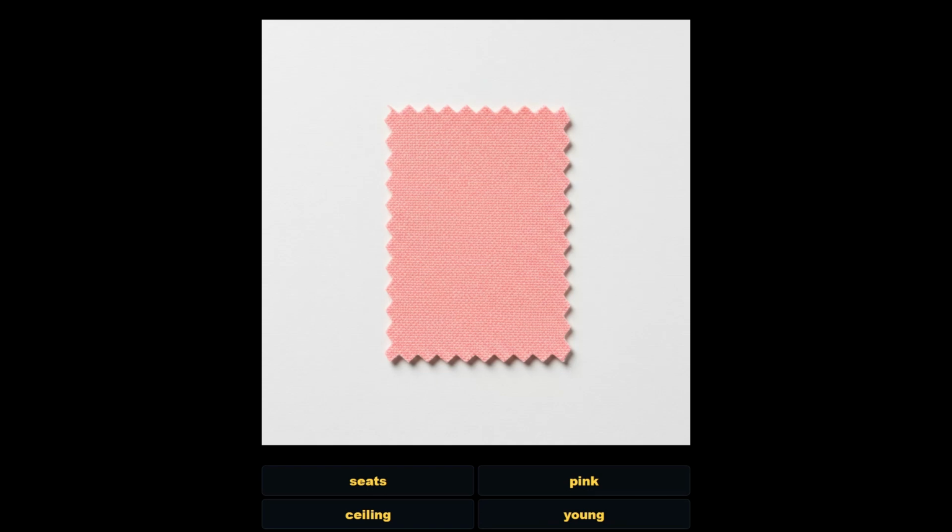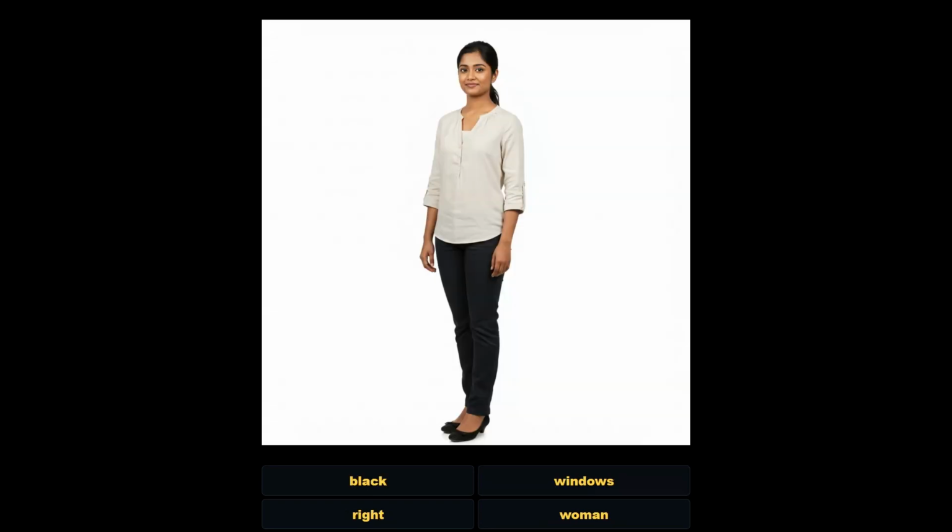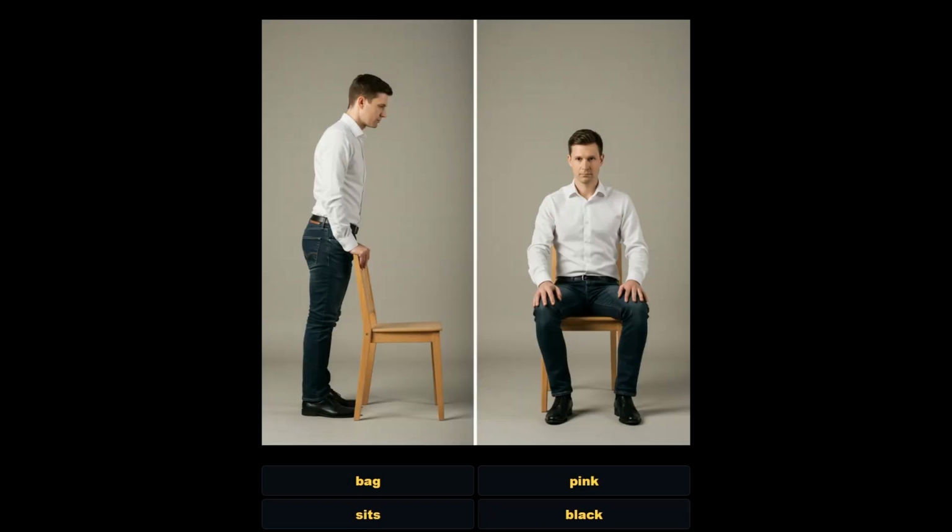All right. Now let's do another quiz. Can you pick the right word? What is that? That is the color black. What is that? That is the color pink. What is that? That is a woman. What is that? The man sits.